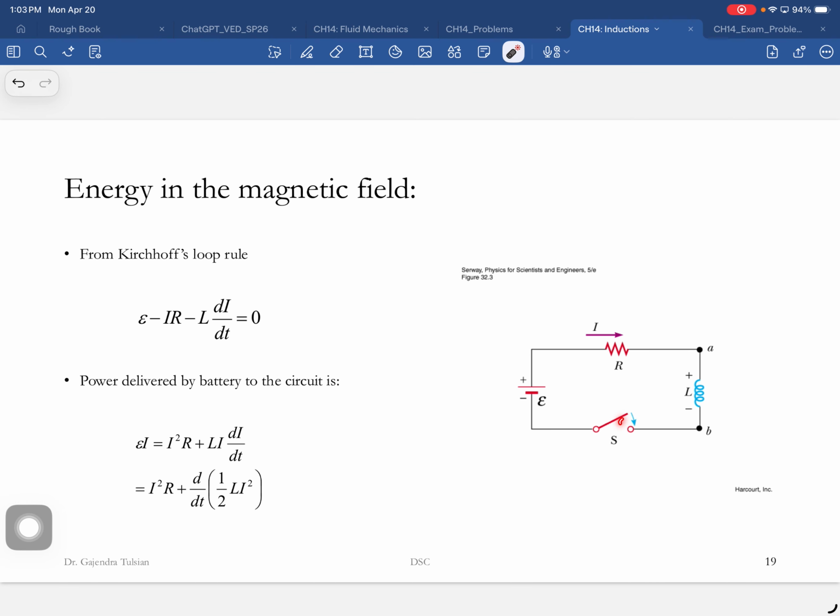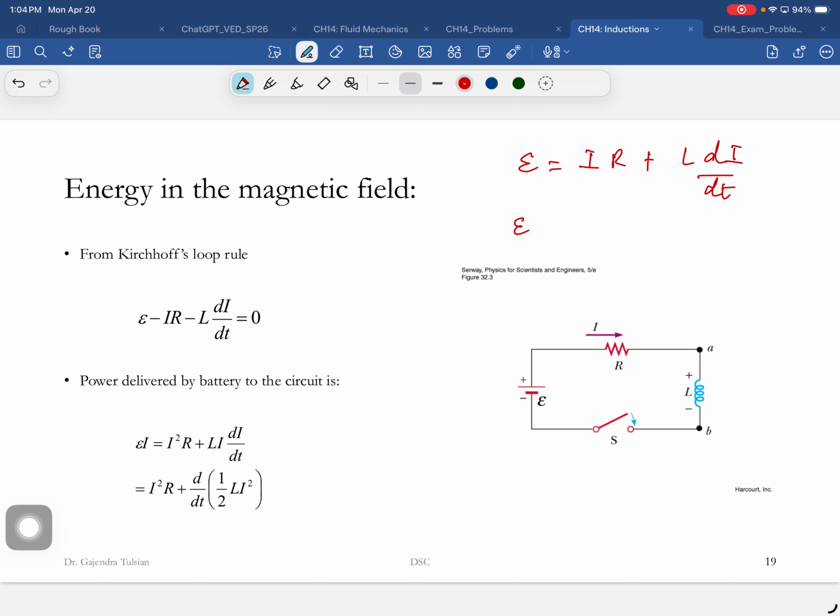When you close the switch, the equation Kirchhoff tells us: plus E minus IR minus L di by dt. Okay, and we'll bring these two terms to the other side. E equals IR plus L di by dt. And then let's multiply both sides by I.